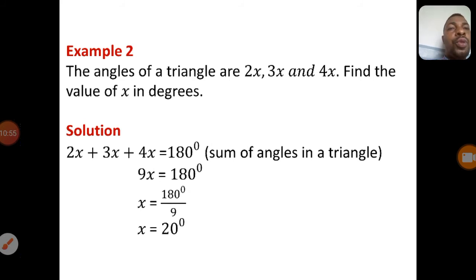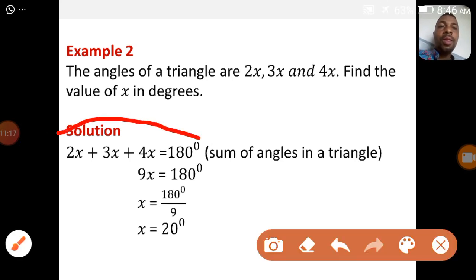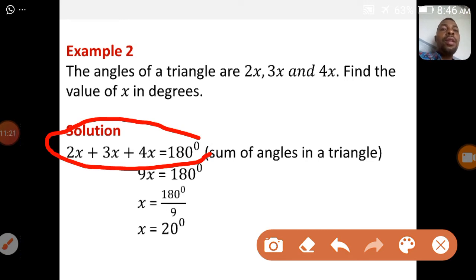In this example too, the angles of a triangle are 2x, 3x, and 4x. Find the value of x in degrees. Okay, this is the solution. We will now sum up everything and equate it to 180 degrees. Look at it here. We sum up 2x, 3x, 4x, and we have what? 180 degrees.